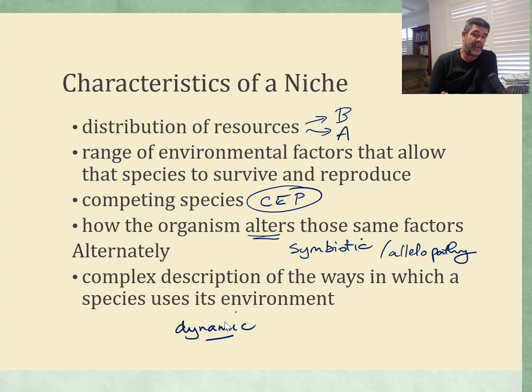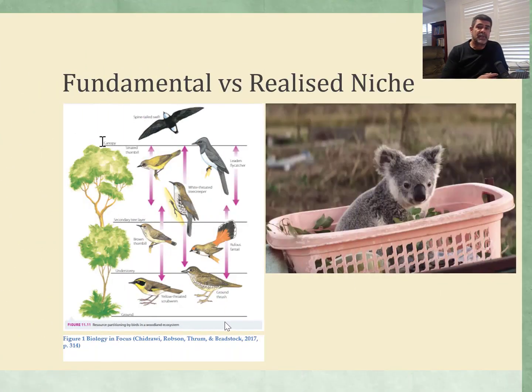So we want to be aware of the fact that niches can change over time and they can become quite species specific. So the species that occupies those niches can be very, very tightly tied to the set of biotic and abiotic factors that characterize that particular niche. Something that's probably worth mentioning is the difference between fundamental and realized niches.